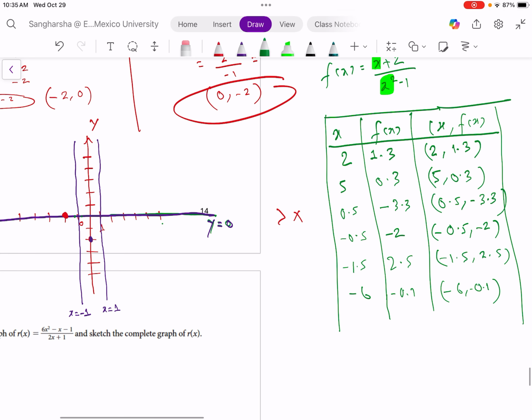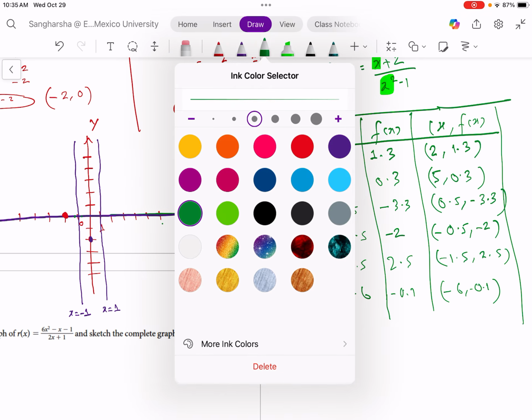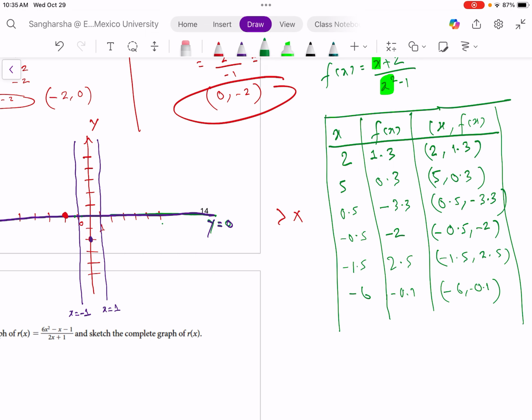Okay, so at first 2, 1.3. So this is our 2, 1.3 somewhere here. Then 5, 0.3. 3, 4, 5, 0.3, close to here.